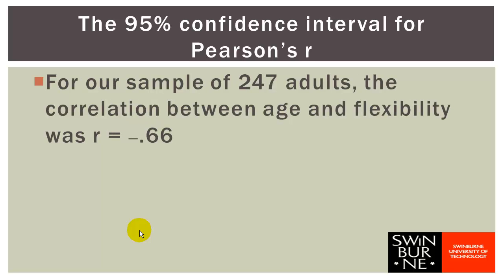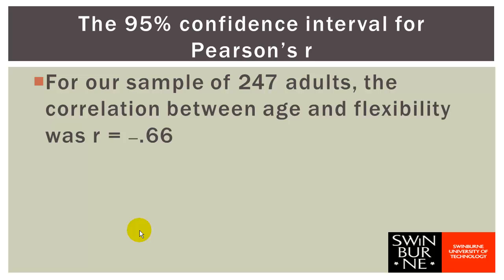So the significance test itself tells us we're convinced that there's a relationship between age and flexibility. But we'd like to go a little bit further than that. We'd like to be able to say something about how strong the correlation is in the population. And this is where the 95% confidence interval comes in. So in our sample of 247 adults, the correlation between age and flexibility was minus 0.66. And if we have to make a guess, then we would guess that that would be about the correlation in the population as well.